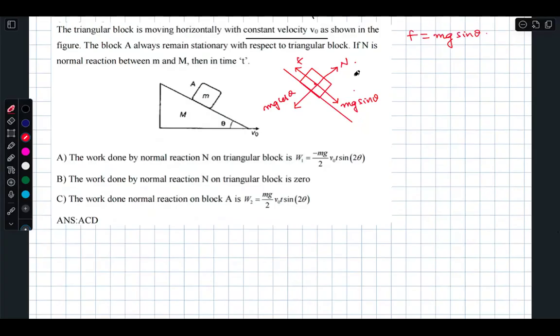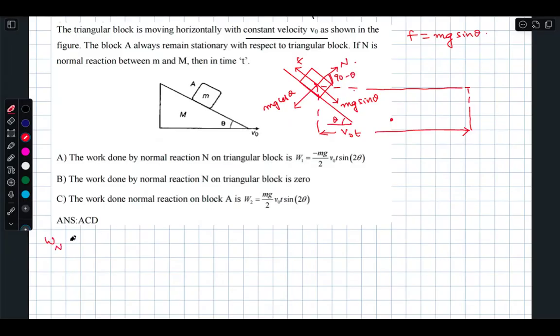The work done by normal reaction N and triangular block. First of all, in this case, normal reaction on the block acts like this. And this is the displacement of the block in some time t, which is V naught t. Can you please help me in angles? This is 90 minus theta. Of course, boys, this is a theta, so this is a theta, so this is 90 minus theta.